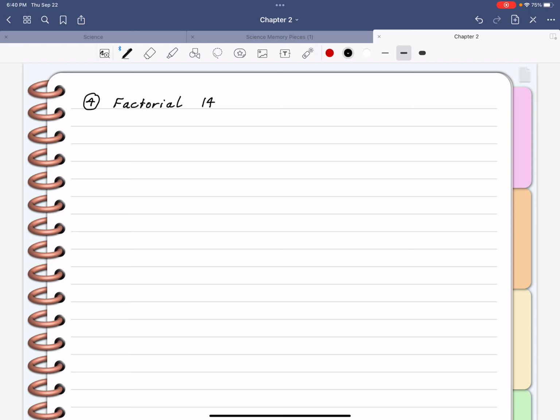So that's an arrangement. That's going to be a permutation if we did it with a formula. But let's do it with a factorial and see what we come up with. So 14 factorial, when you put that in your calculator, you get this, if you're using the Casio.